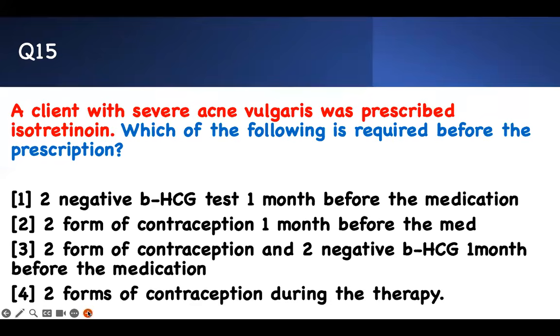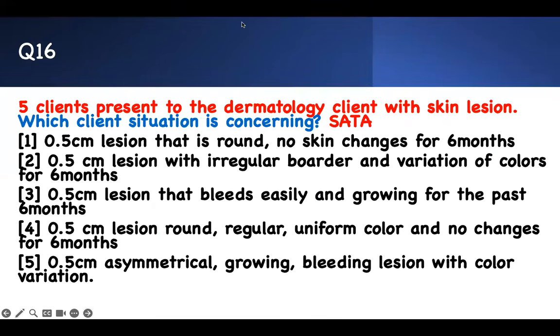Number 5 is comprehensive, but just to describe to you what you should expect when they ask you about changes of lesion, which lesion is worrisome for cancer. If 5 clients present to the dermatology clinic with skin lesions, which client situation is concerning? The idea is A, B, C, D, E of lesions.